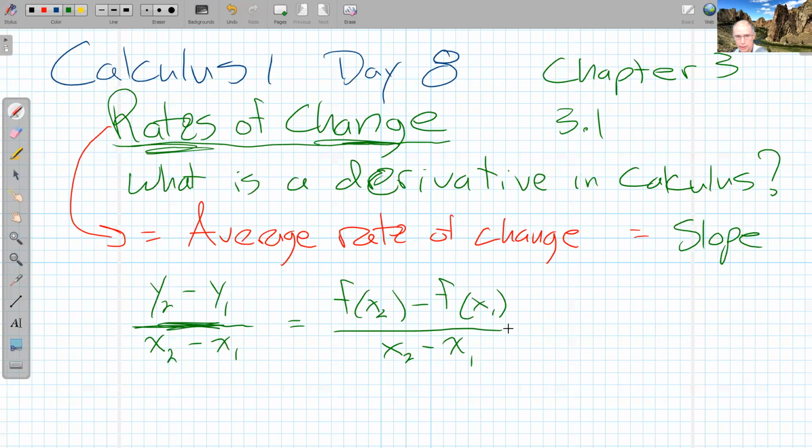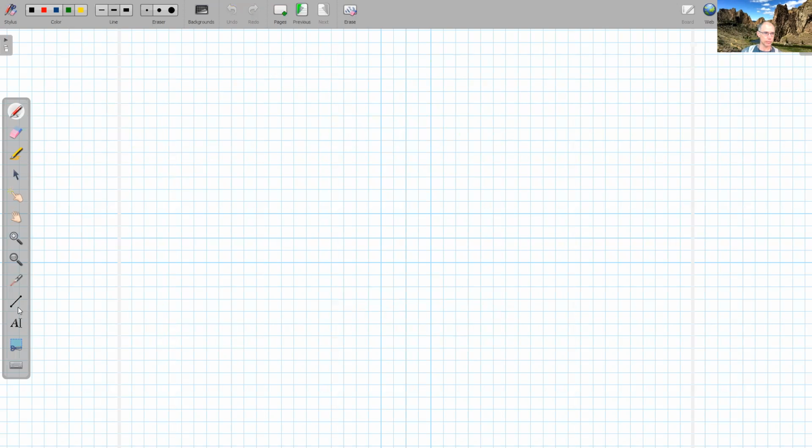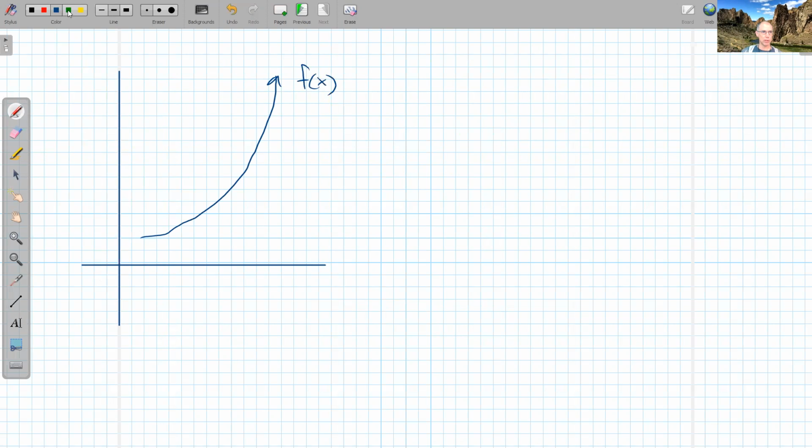So let's take a look at this graphically. So I have some curving curve, f of x here, and then we pick an x value over here. Let's say that's x1.